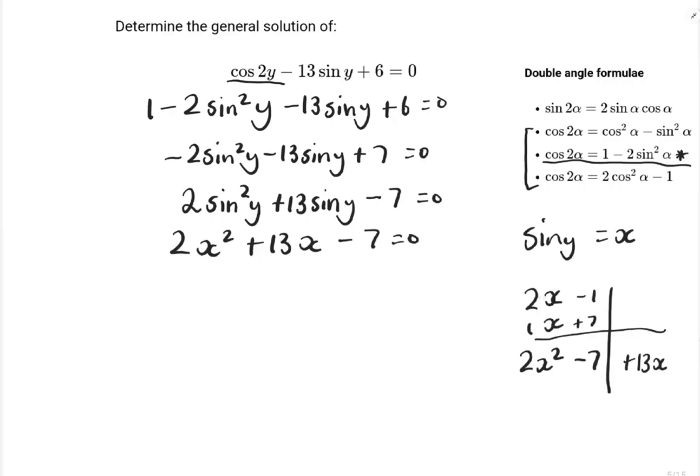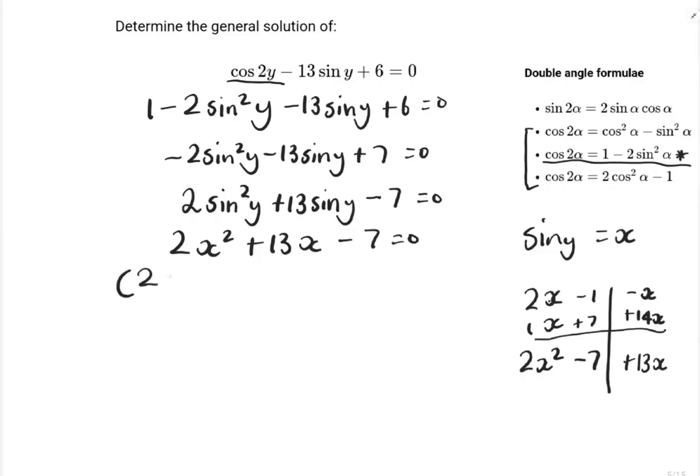Cross multiply, 2x multiplied by 7 is 14x, positive 14x. x multiplied by negative 1 is going to be negative x, and indeed positive 14x minus x is going to be 13x. So we can use these, and we can substitute the x back to sine y, right?